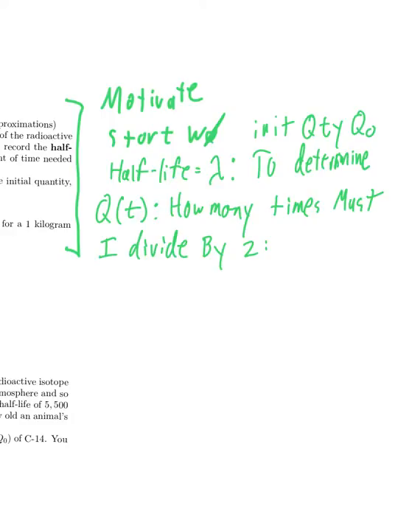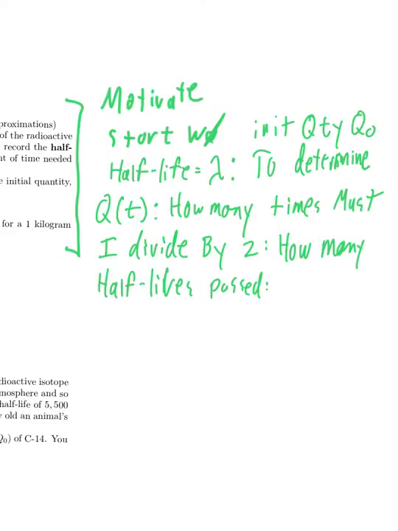So every time lambda time passes, you have to divide by 2. So you just need to figure out how many half-lives have passed. So how many times must you divide by 2? That's the same as asking how many half-lives have passed. Well, that's easy.